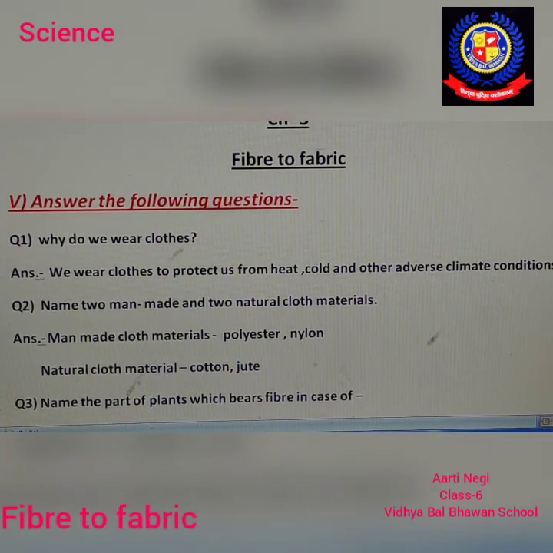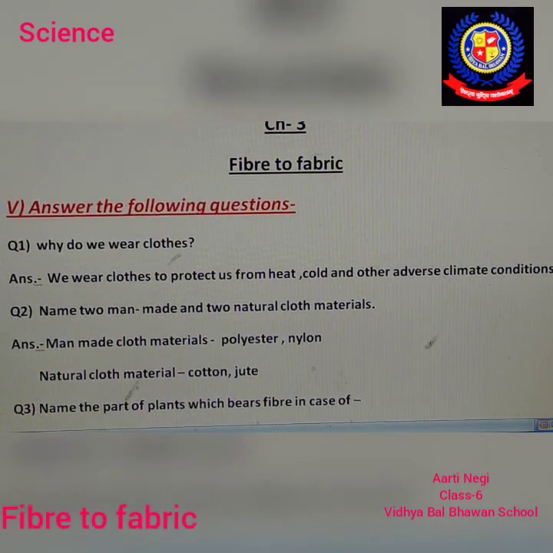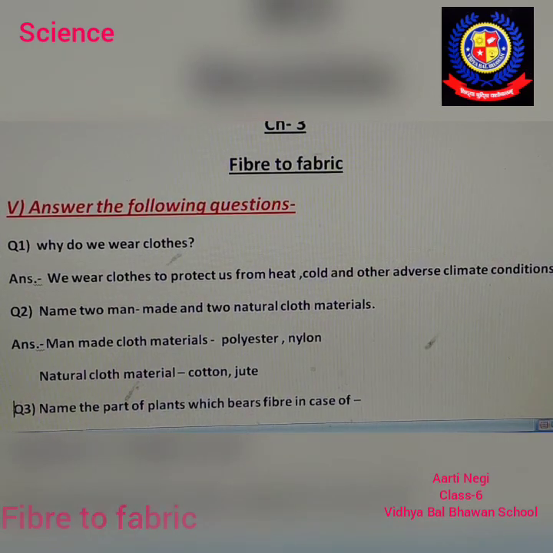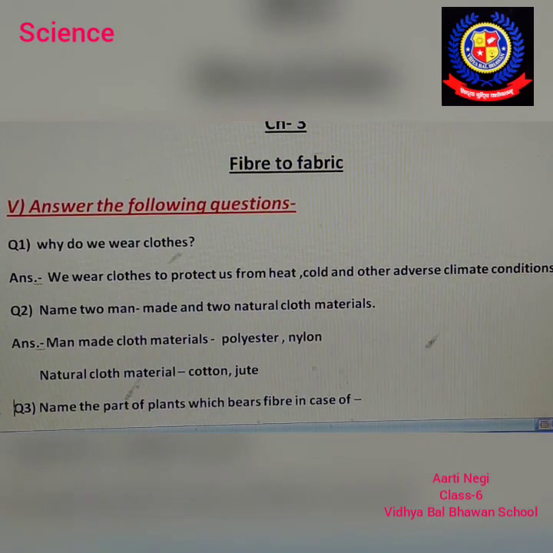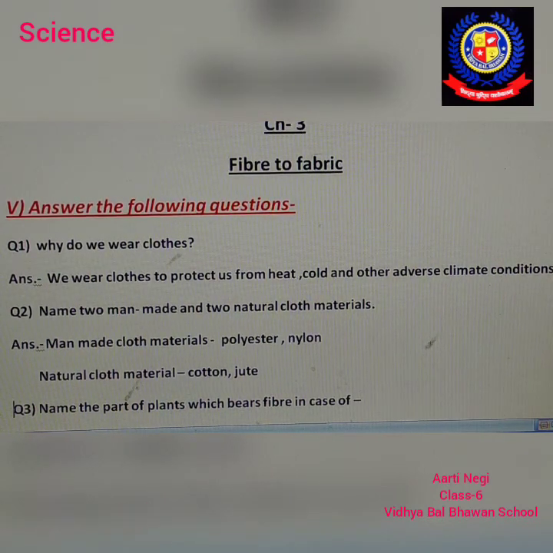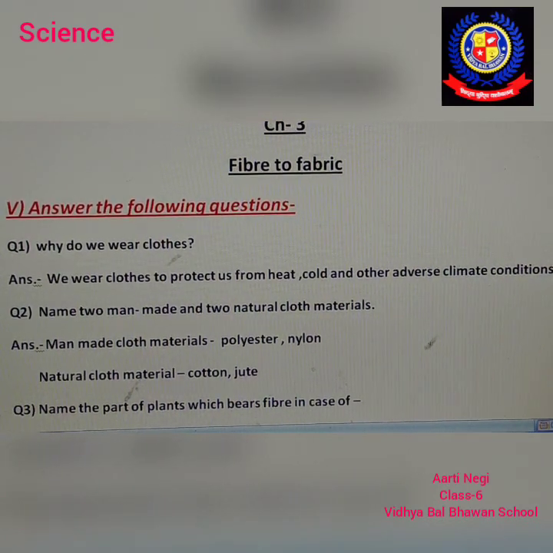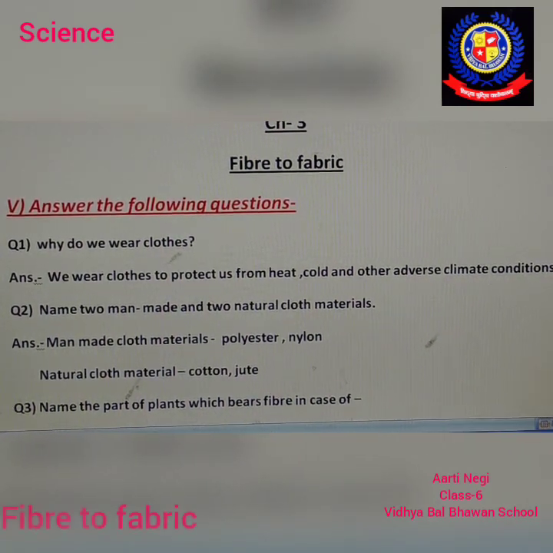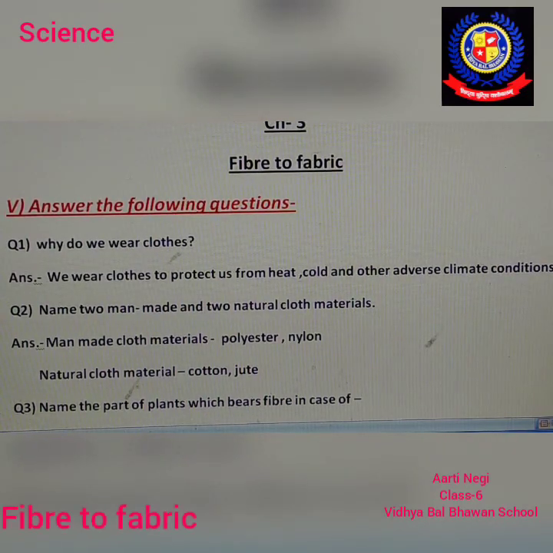As you know, students, we can divide materials into 2 categories, that is synthetic and natural. So man-made cloth materials, its examples are polyester and nylon. And natural cloth materials, its examples are cotton and jute, which we get from plants.